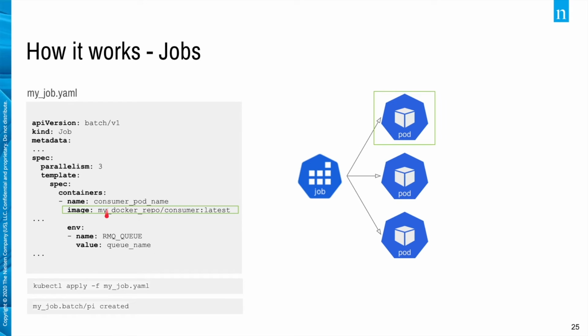And we'll be taking that image from our Docker repo. The third interesting point is that we can pass an environment variable with the queue name to the pod, or any other environment variable for that matter. And that's how the pod knows from which queue to read. Last stage, we can just use kubectl apply on the configuration file and the job will be deployed on the cluster.